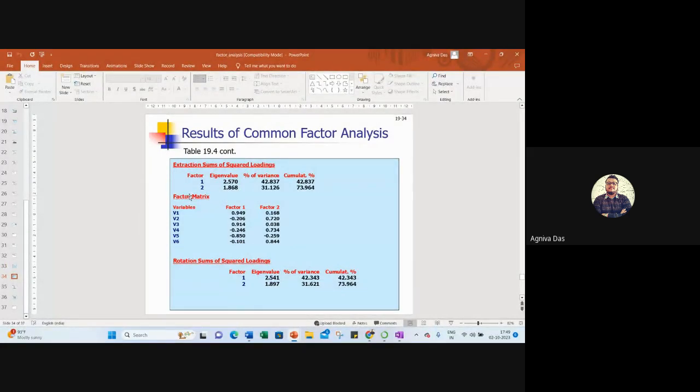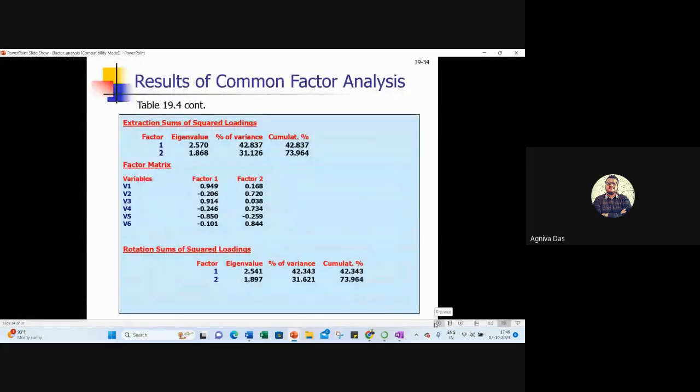Now from the loadings themselves, we can make the factor matrix, and this is what the factor matrix looks like. This we've already, I think, covered a bit. So this was the initial factor matrix that we had.